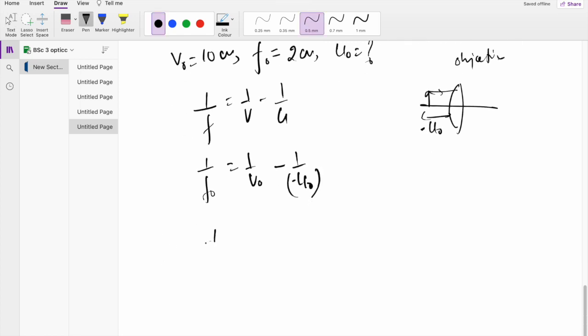So 1 upon f is 1 upon 2 centimeter and v is 10, so 1 upon u becomes 1 upon 2 minus 1 upon 10.